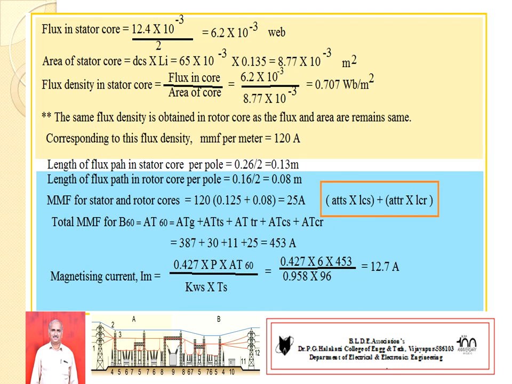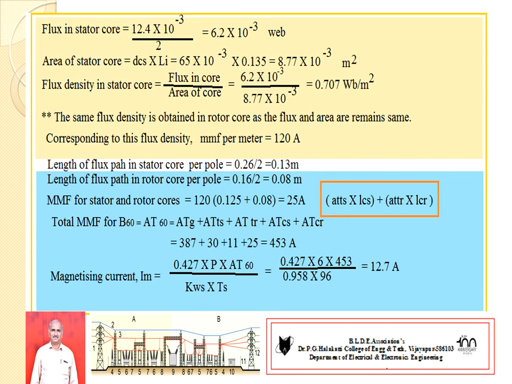Then finally you have to calculate the total MMF at 60 degrees from interpolar axis. AT60 equals ATG plus ATTS plus ATTR plus ATCS plus ATCR: MMF of gap, MMF of stator teeth, MMF of rotor teeth, MMF for stator core, MMF for rotor core.